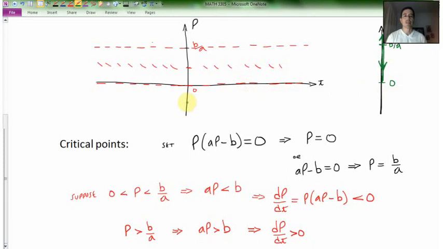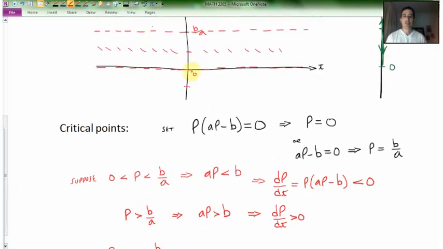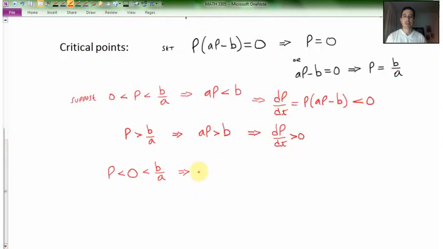Let's take a look at down here when P is less than 0. So if P is less than 0, then it's less than B over A, right? Because if P is here, then it's less than 0 and it's also less than B over A. Let's see what happens to the sign. So AP is still less than B. Multiply both sides by A, and A is positive, so it becomes AP less than B. So what is the derivative?